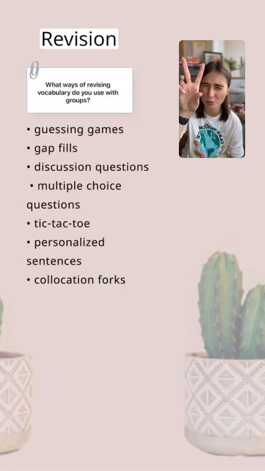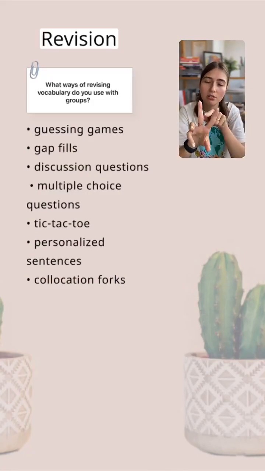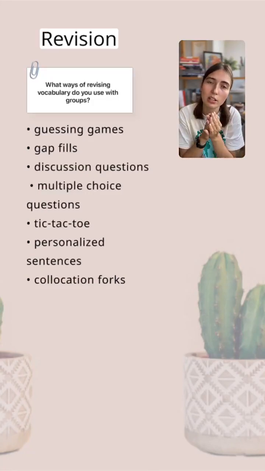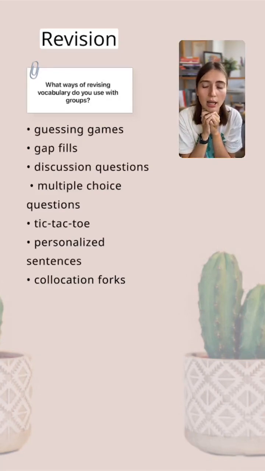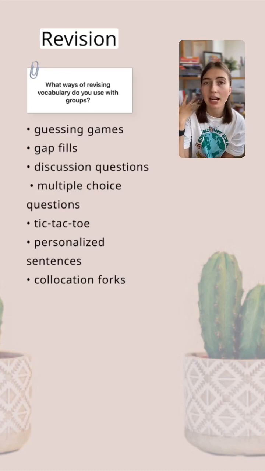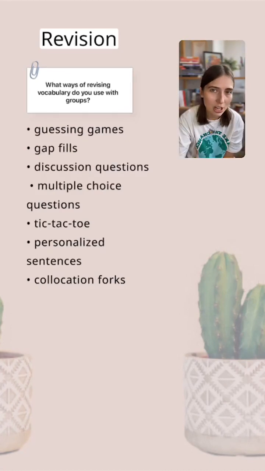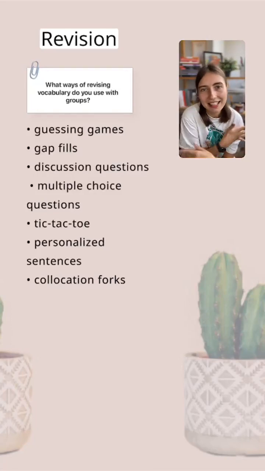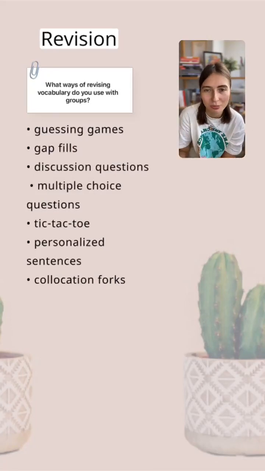Basically, with tic-tac-toe you create a grid and write the target words that you want to revise, and you put your students in teams, and you ask them to say what it means and use it in context. You can ask your students to create their own personalized sentences. You can do collocation work. Anything that works for revision for one-to-one students works with groups.